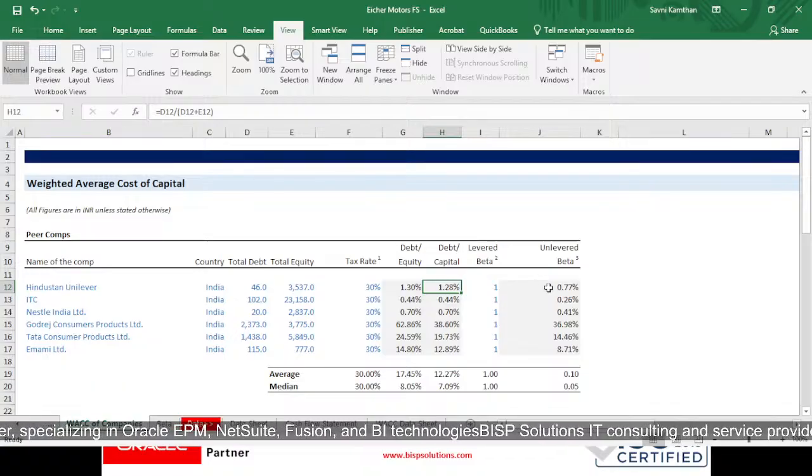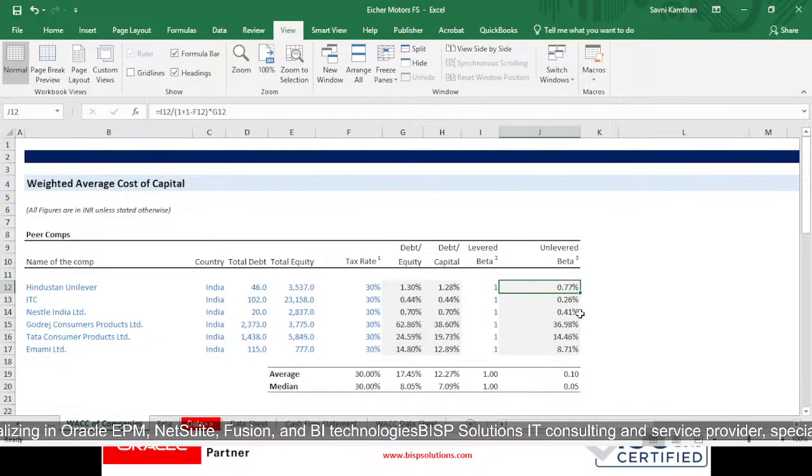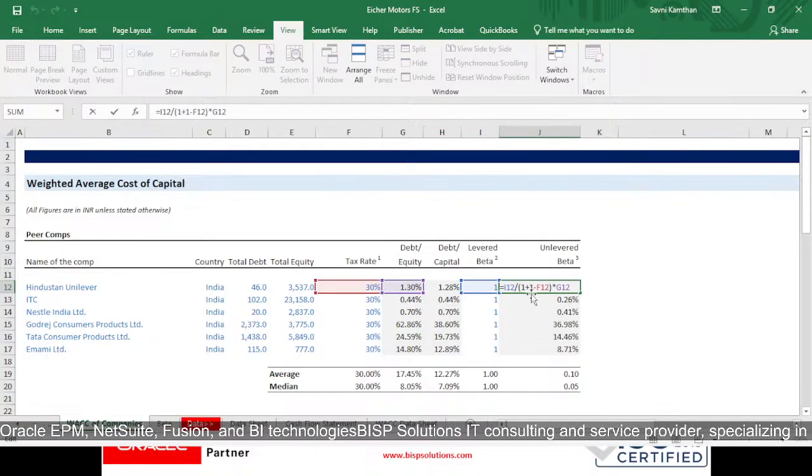Then I have to calculate my unlevered beta. For that, I will calculate unlevered beta as levered beta divided by 1 plus (1 minus tax rate), which was in WACC, if you all remember, 1 minus tax rate, multiplied by my debt upon equity.